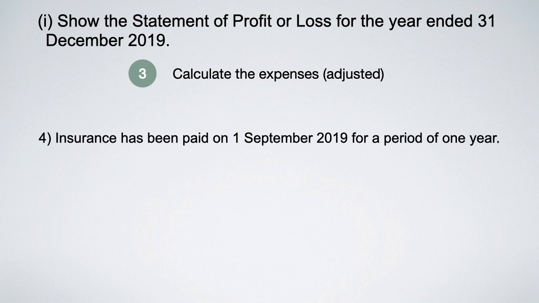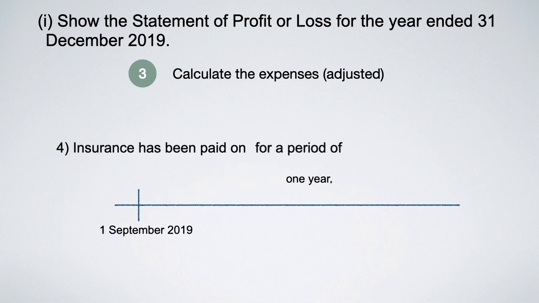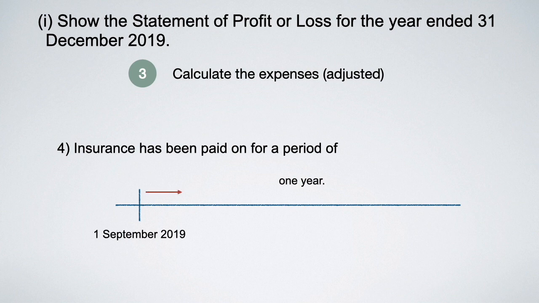Alright, apa benda ni? Ni sebenarnya adjustment dekat topik 5. Actually, this topik adalah combination kepada semua topik daripada topik 3 sampai topik 10. Okay, so this is adjustment for insurance. Okey, katalah dia kata dia start bayar 1 September 2019 untuk 1 tahun kan.